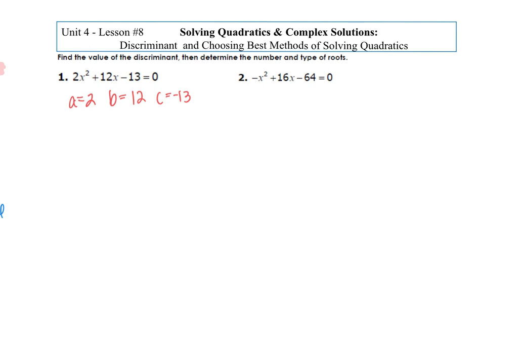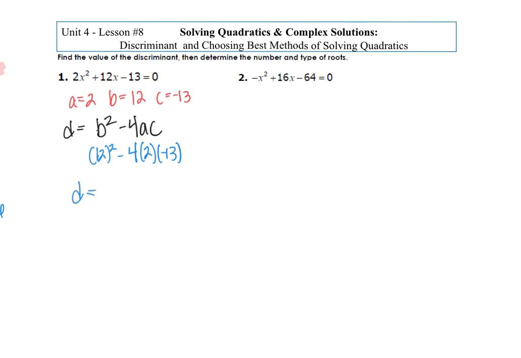The discriminant formula, again, D is equal to B squared minus 4AC. So now it's about plugging them in the right order. In parentheses, we would use 12 and then square it, minus 4 times 2 for A times negative 13 for C. And I wouldn't even bother working it out by order of operations. There's really no need. I would just type it in. What does that equal?